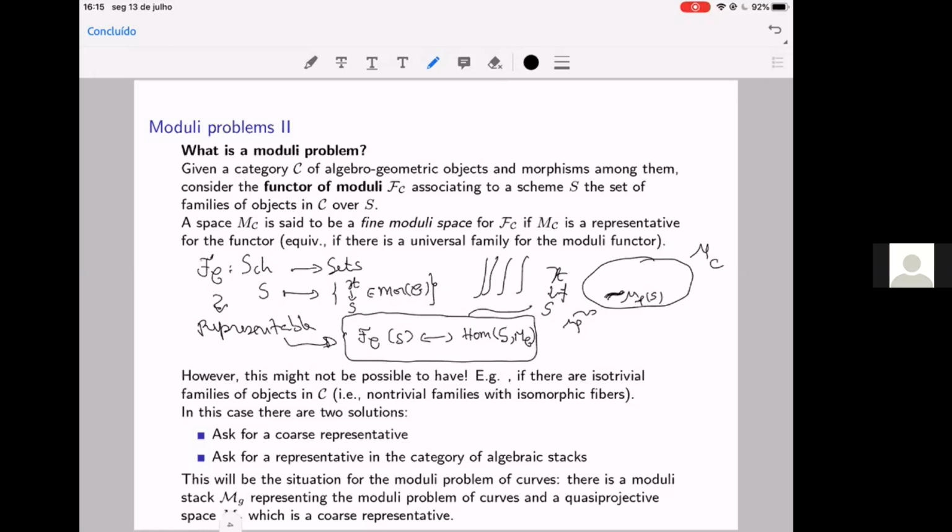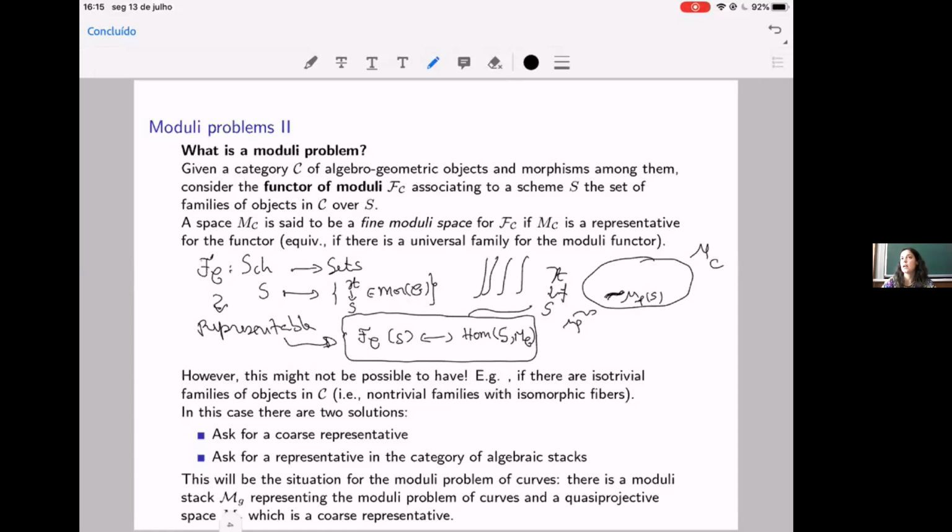Yes? Why do you want C to be a category? Why do you need morphisms between the objects of interest? Sorry, can you maybe say what C should be? Well, I'm just saying in general. This could be applied to different situations.